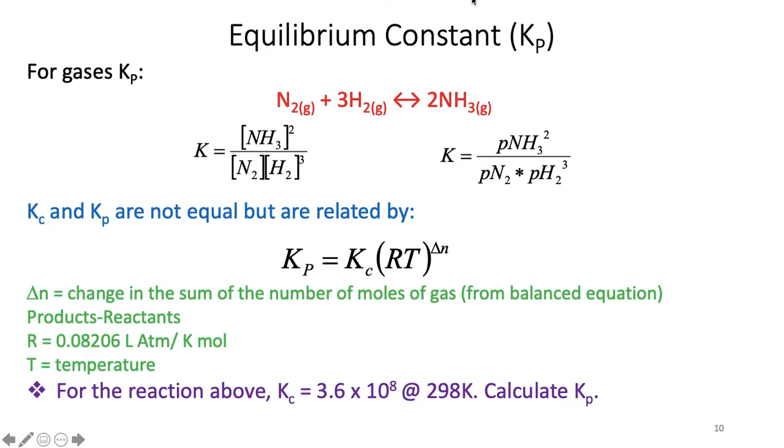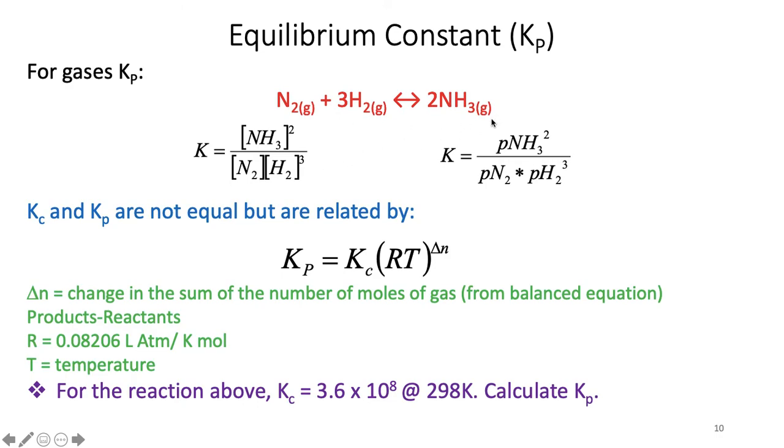Now, I mentioned that we can write equilibrium constants for only 2 physical states. For aqueous solutions, where we deal with concentrations, square brackets denote concentrations, but we can also write them for gaseous compounds, so for gases.